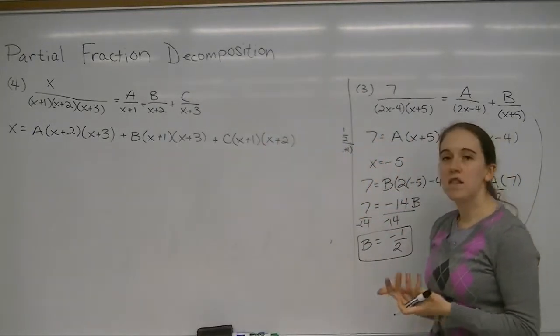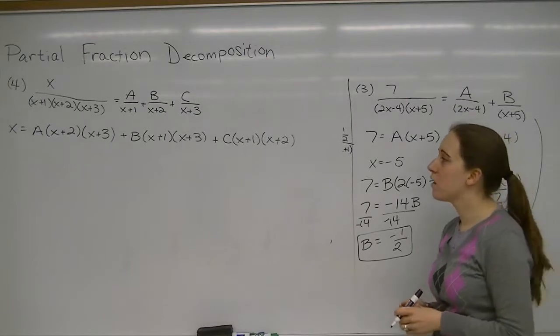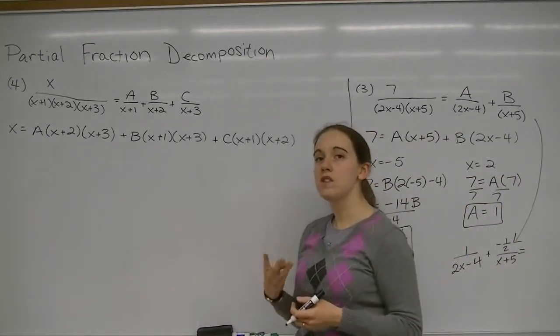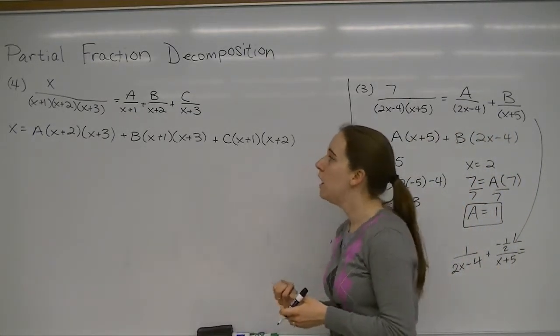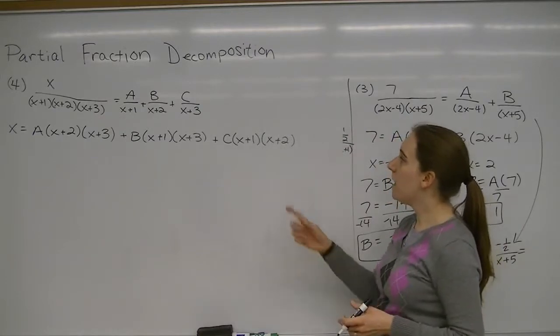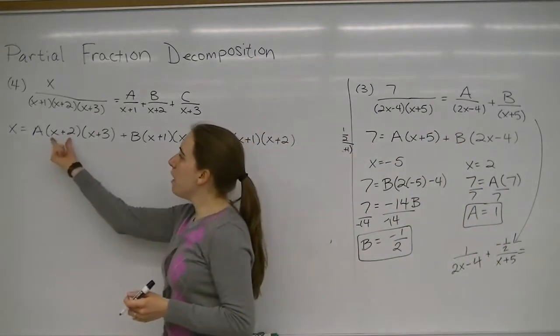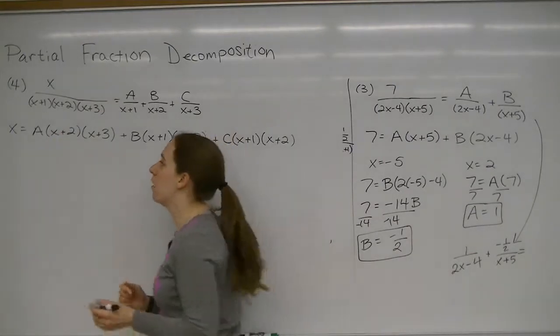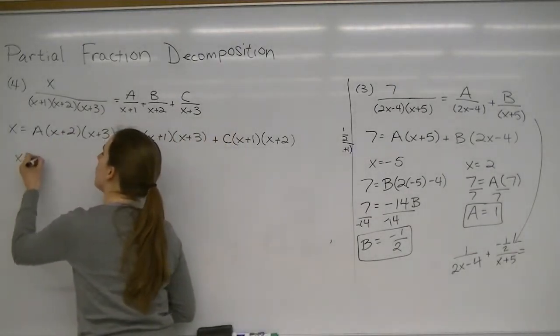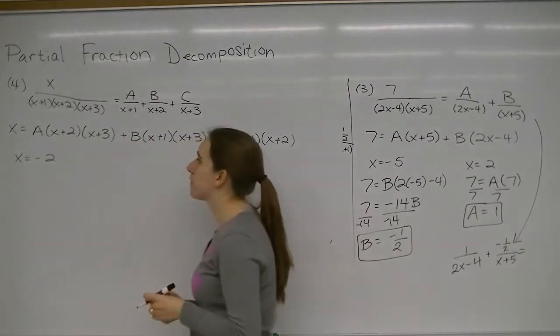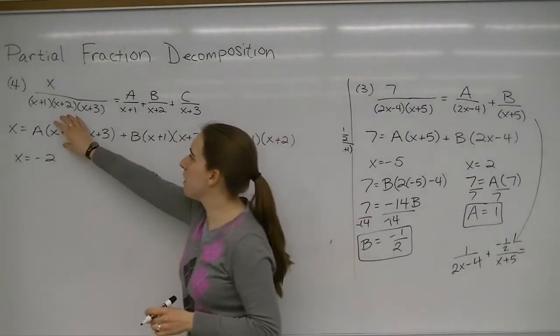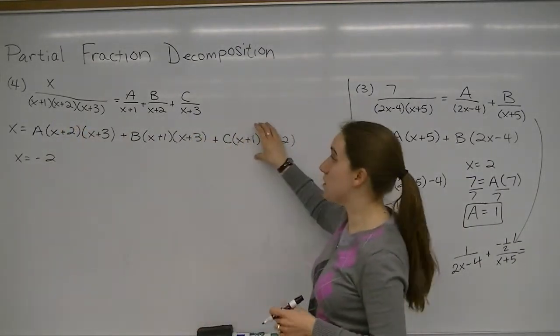Now this polynomial is longer and more complicated than the other ones, but we're going to do the same thing. We need to choose 3 values of x now to make sure that we can find our a, b, and c. So if we want x plus 2 to be 0, we're going to have to choose x equals negative 2. That will make this term disappear, and also this term disappear.